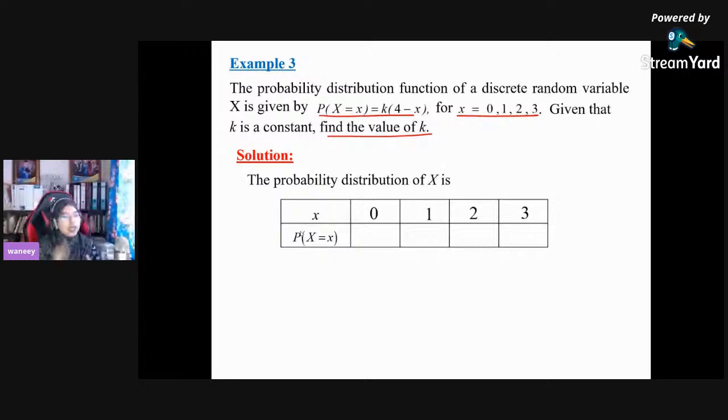So what you are going to do now is simply substitute the value of x inside the function over here, k(4 minus x). So substitute the value of x here with either 0, 1, 2, and 3, and write down whatever value that you have below here. Right, so I'll give you 1 minute for you to write them down.